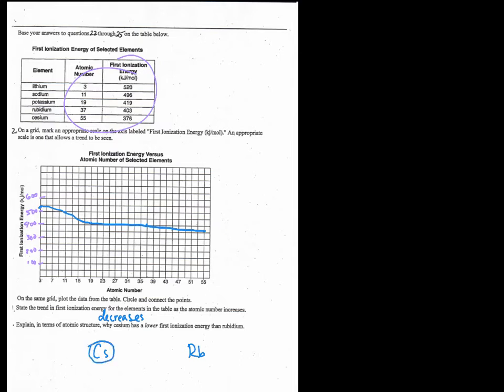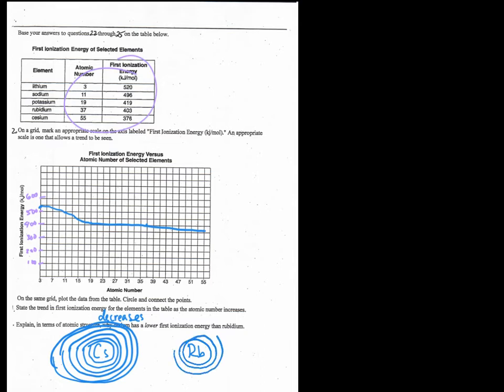So there's 1, 2, 3, 4, 5, and 6 here. Versus rubidium having just 5. There's 1, 2, 3, 4, and 5.